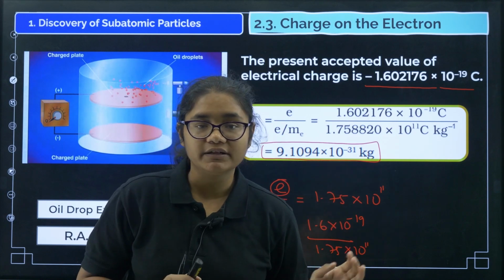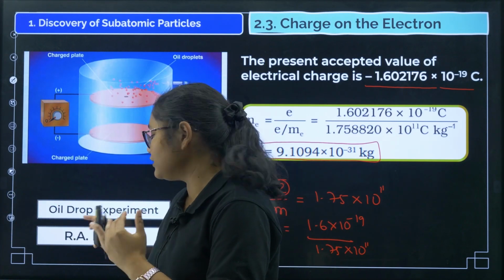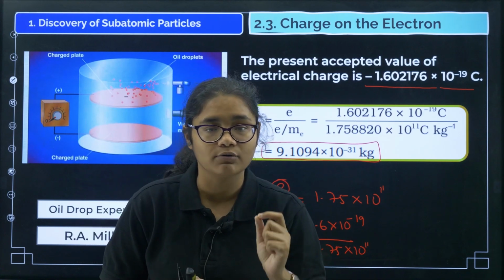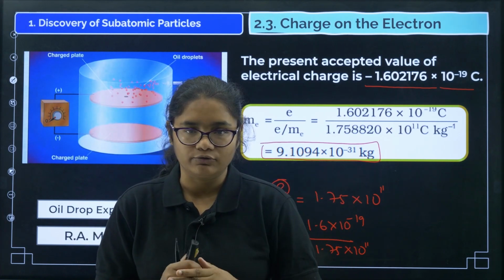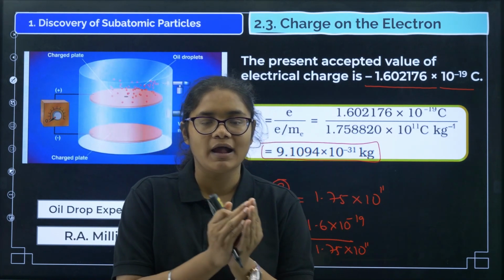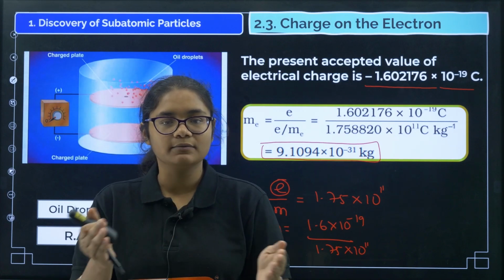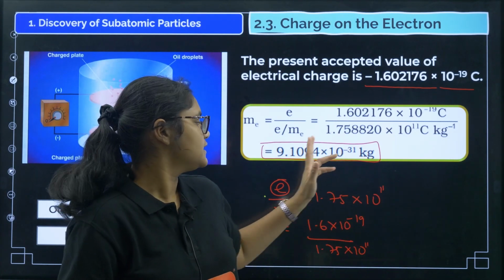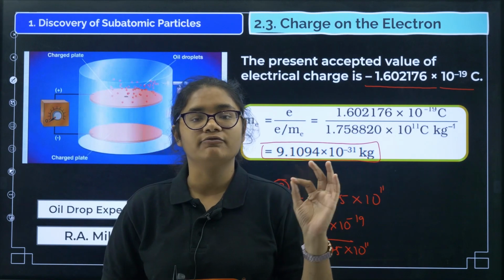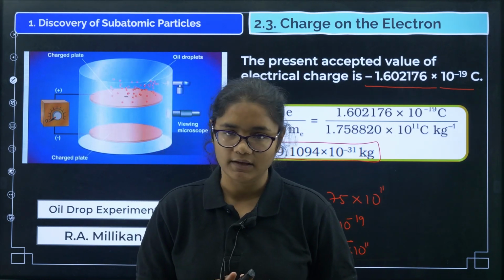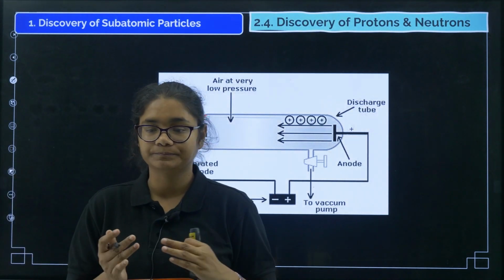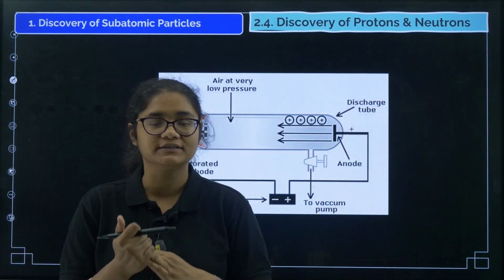Now with the oil drop experiment by Sir R.A. Millikan, we were able to find out the charge of the electron. Now we had the e by m ratio and the value of e. So by using both of these, we calculated the mass of the electron, which is 9.1 into 10 to the power of minus 31 kg. Clear?